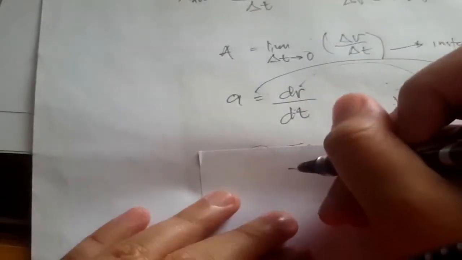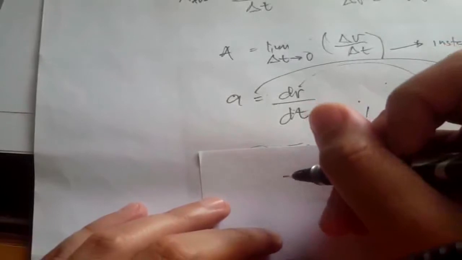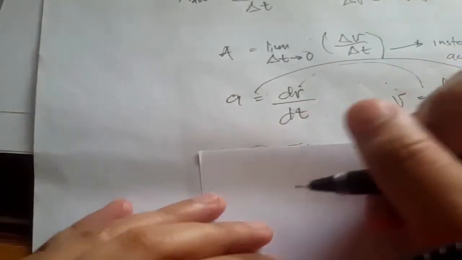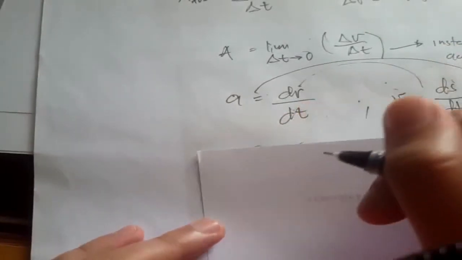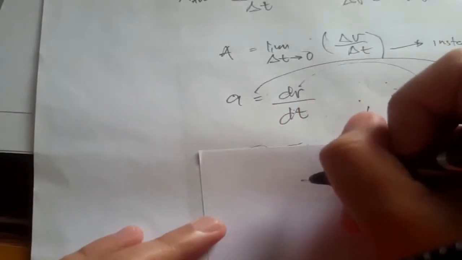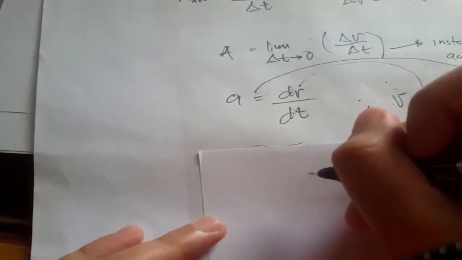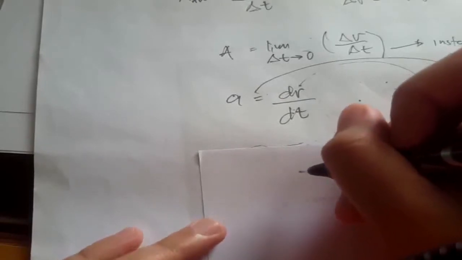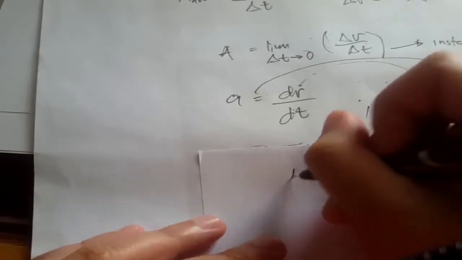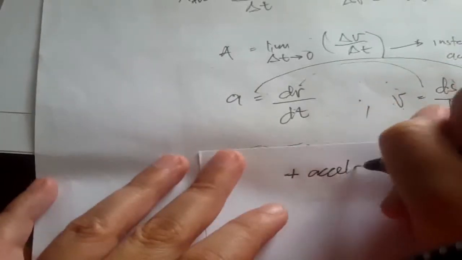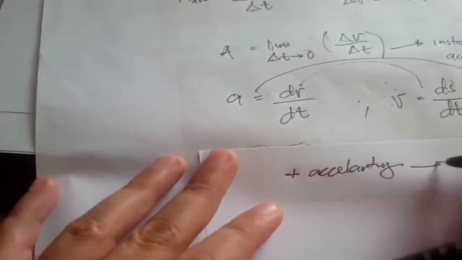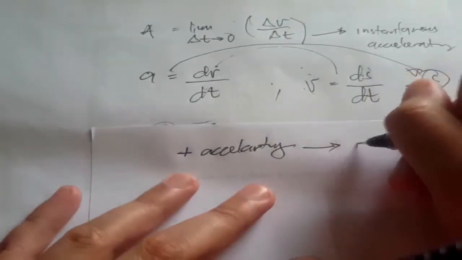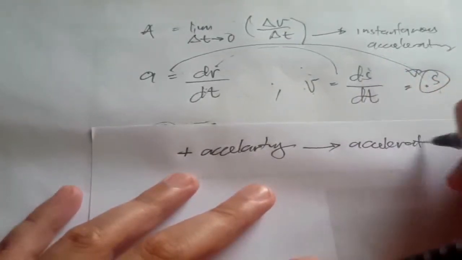Same with velocity, our acceleration can be both positive or negative depending upon the given velocity or given position. So both average and instantaneous acceleration can either be positive or negative. If we have positive acceleration, we say that the object or the particle is accelerating.